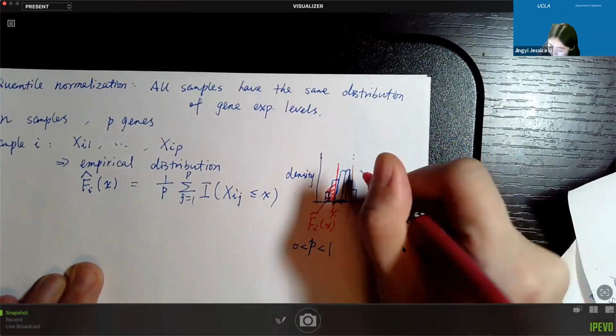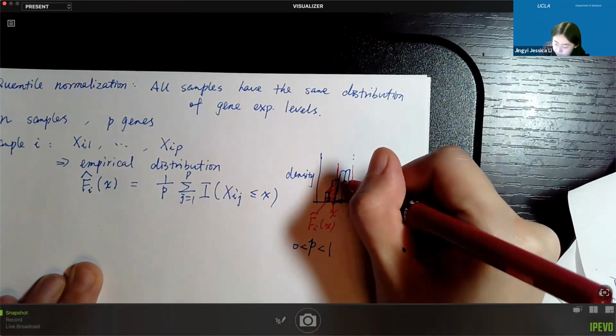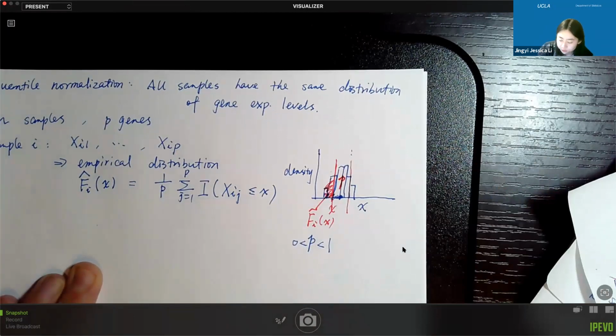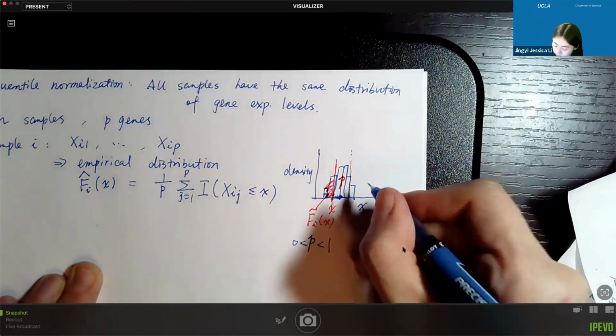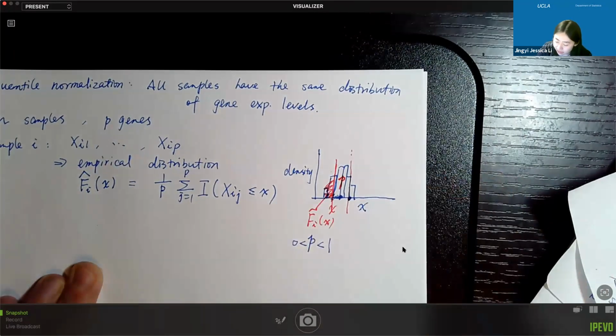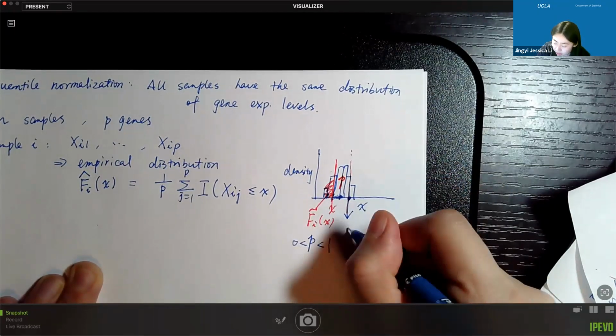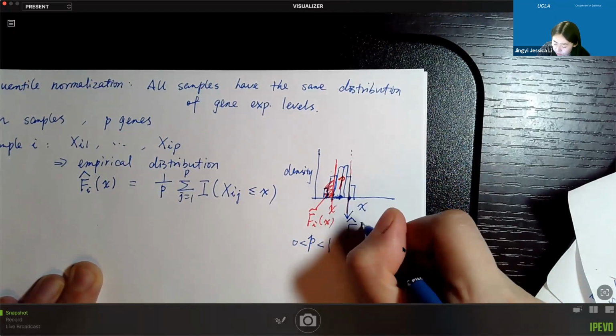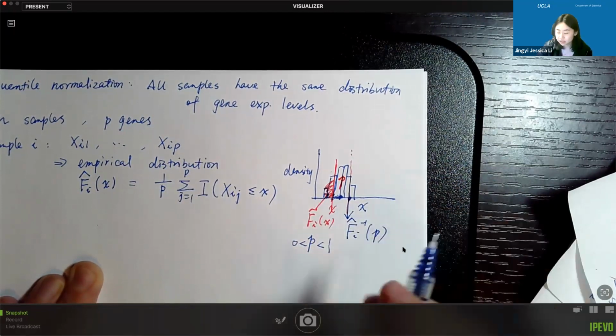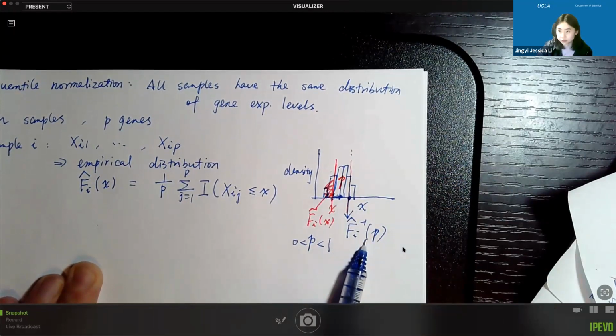If I know the area to the left of it is p, then I can find the corresponding value that gives me a left tail probability p, and I call this F hat inverse p. So this is a function and this is the inverse of this function.